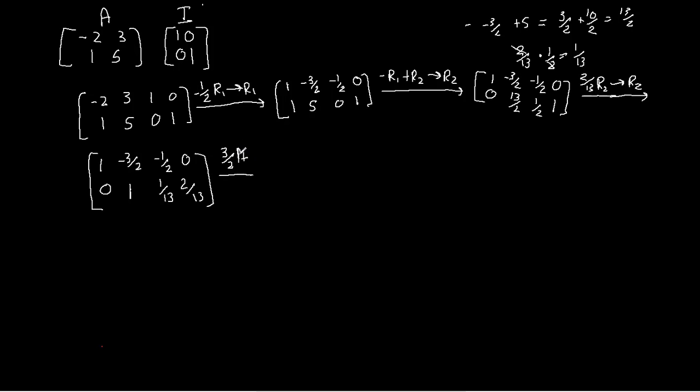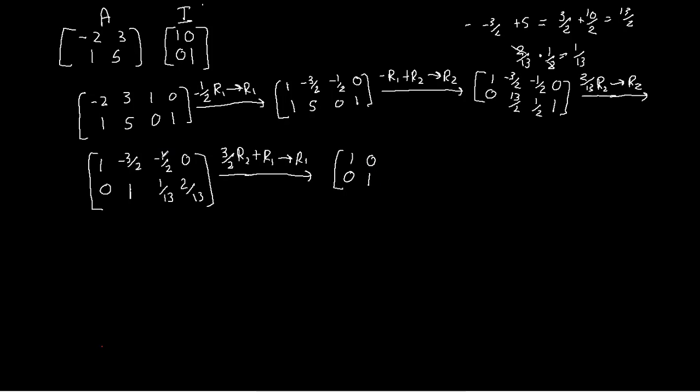This is going to be 3 halves R2 plus R1 going into R1. If we do that, the 1s and the 0s don't change over here. This is going to become 0 because we designed it to be that way. We're not changing the bottom.